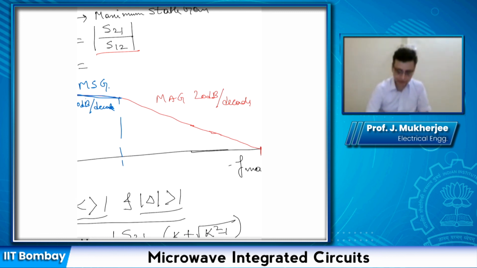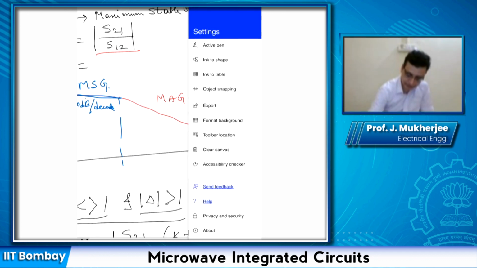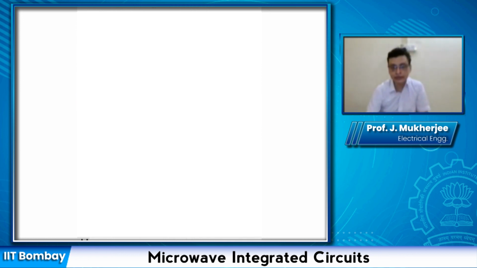Now the next important design methodology that we have is designing using the constant GP circles. So this entire procedure that we discussed was first for the unilateral case. We tried to find out the constant gain circles both for gamma S plane and the gamma L plane, and then we found out the methodology to find out GT max for the bilateral case, and now we are trying to design using the GP circles, or the constant power gain circles.